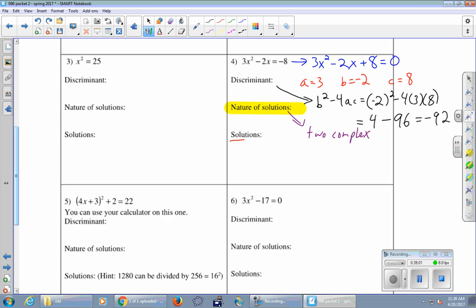And now let's verify that by actually finishing. This says find the solutions. So we'll do our negative b. How much is negative b? Well, I'll write the quadratic formula here.